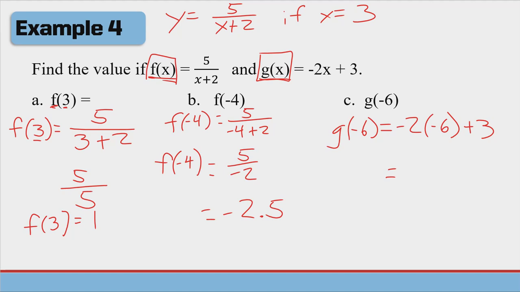Right, -2 times -6 is 12, positive 12. 12 plus 3 then is 15. Right, so if I sub a -6 into the g function, I get 15.